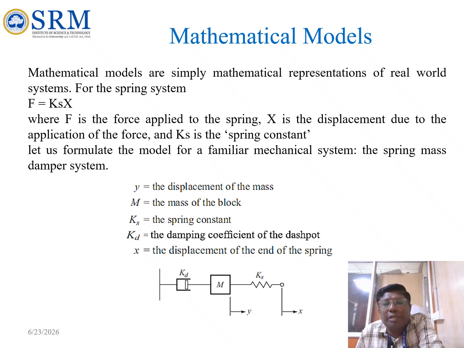So X is the displacement of the end of the spring, K is the spring constant, M is the mass of the block, and we are having one damping factor. This is the model which we are going to write as a mathematical equation.